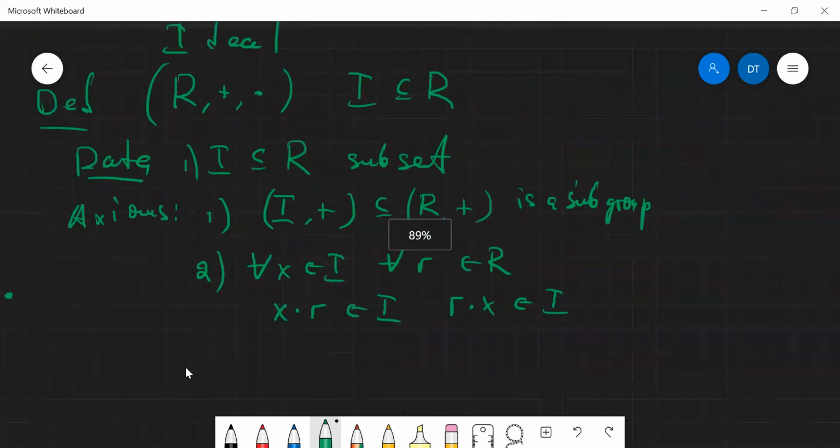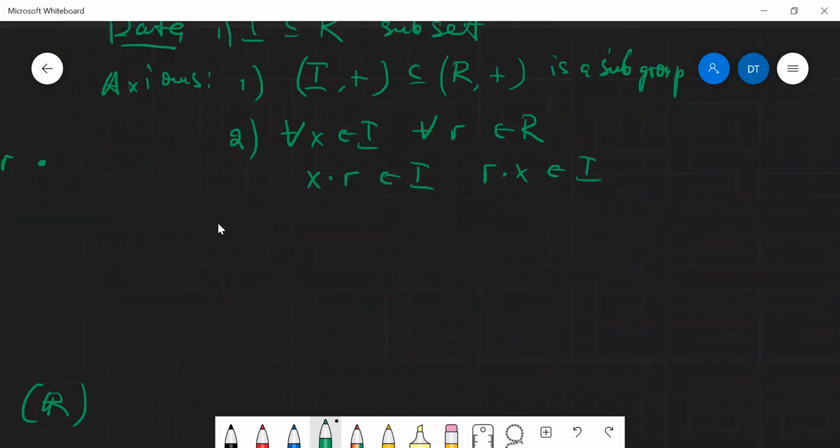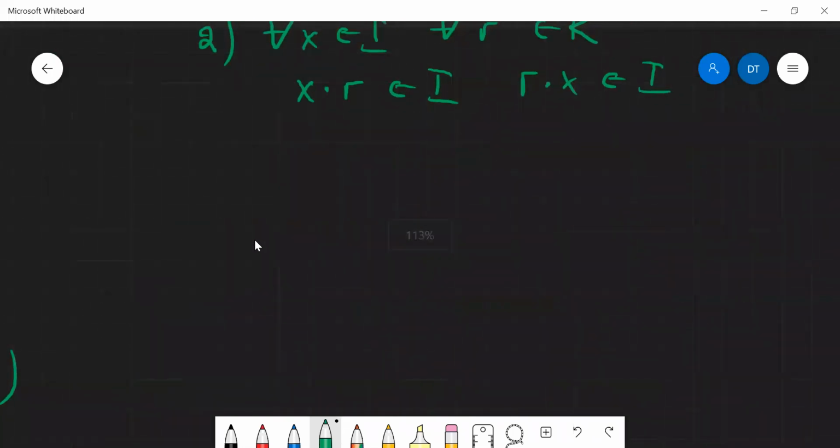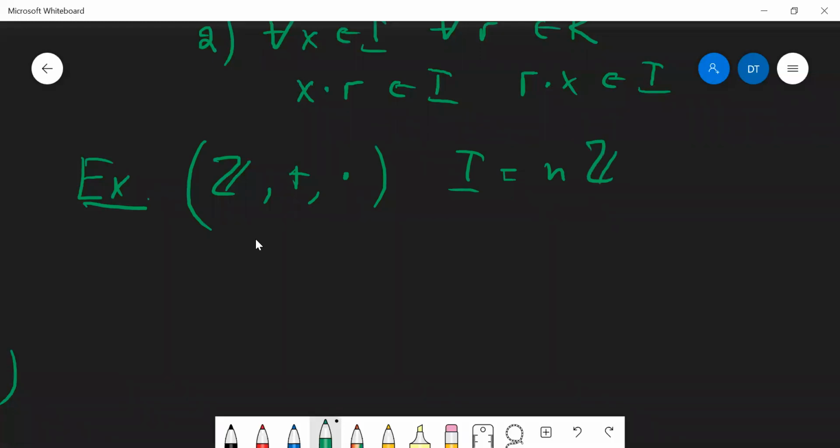Yes, okay. So let me give you some examples. Let's take Z with usual addition and multiplication. Consider the subset given by n times Z, where n is an arbitrary integer, and n times Z simply means n times m for any integer m. Then this set is closed under addition.